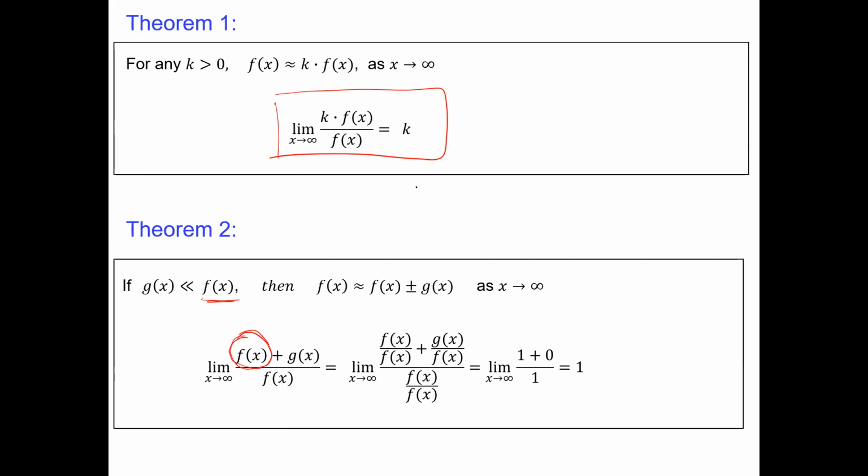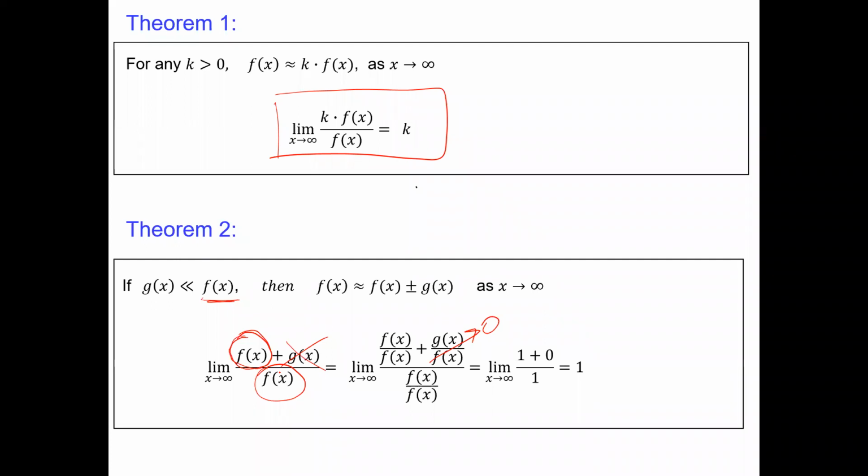The rest of the functions are not important, because algebraically, when I divide everything by the fastest function, the others will go to 0. So we're just looking at the leading functions.